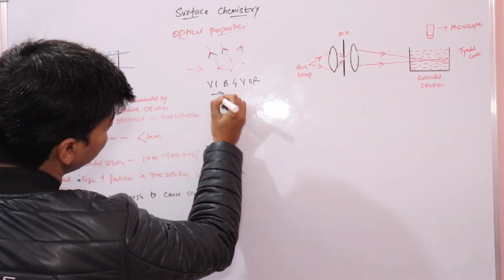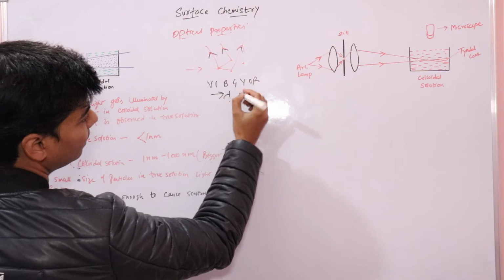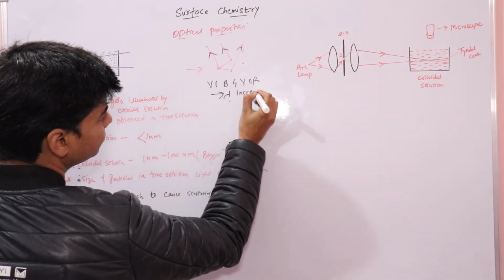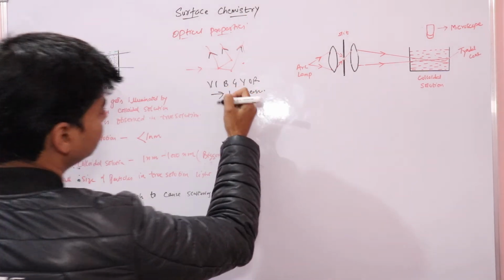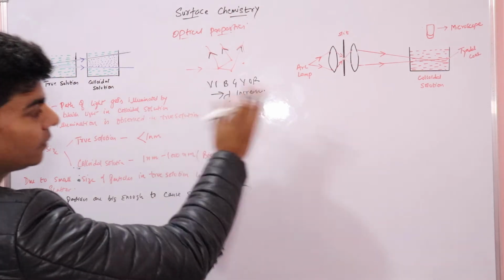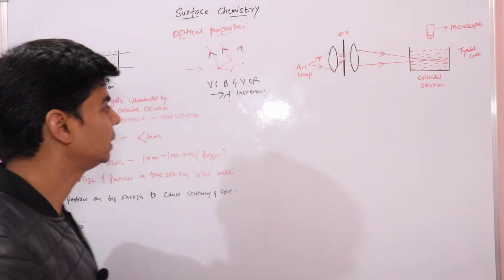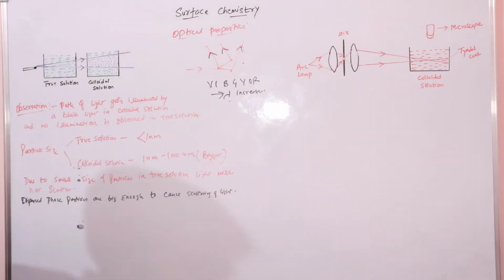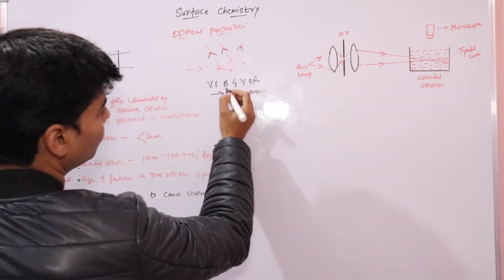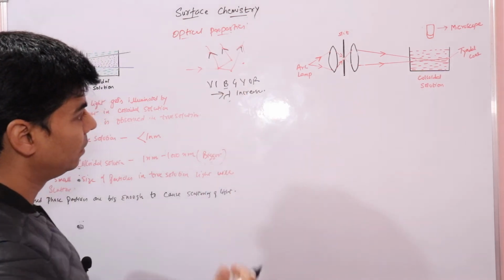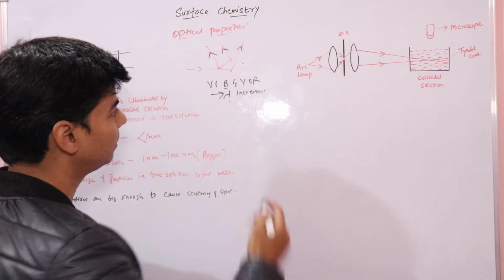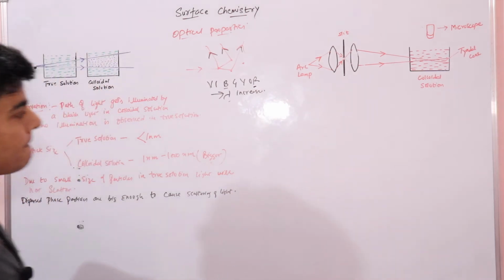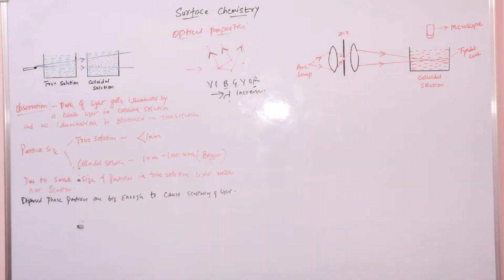In this direction the wavelength, denoted by lambda, increases. The more the wavelength, the less the frequency. So in this direction the frequency decreases and the wavelength increases. So blue light has a smaller wavelength compared to red light. We'll be using this in a moment.